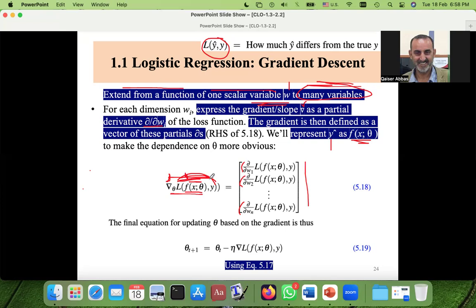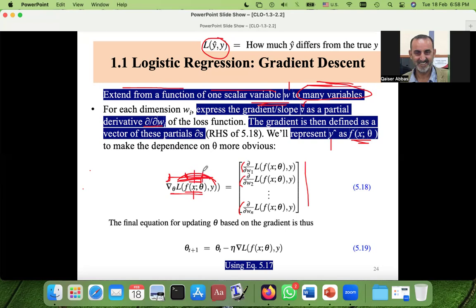And this loss is only for one observation. X is one observation, and theta is representing weights, w and b's. Here we are dealing with weights for one observation, but the weights would be w1, w2, and so on.